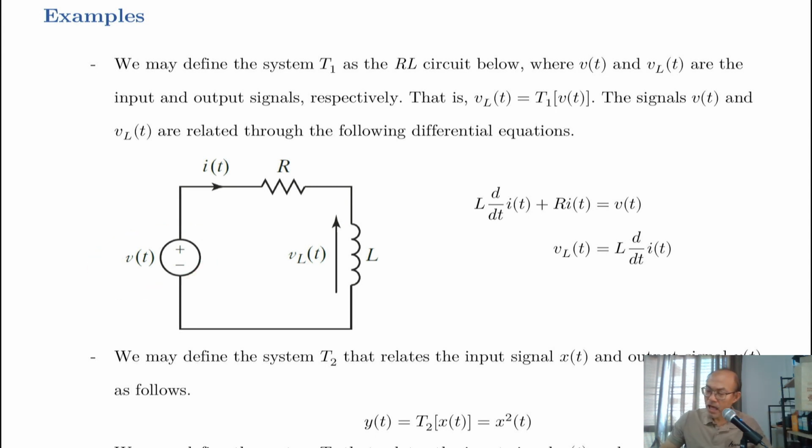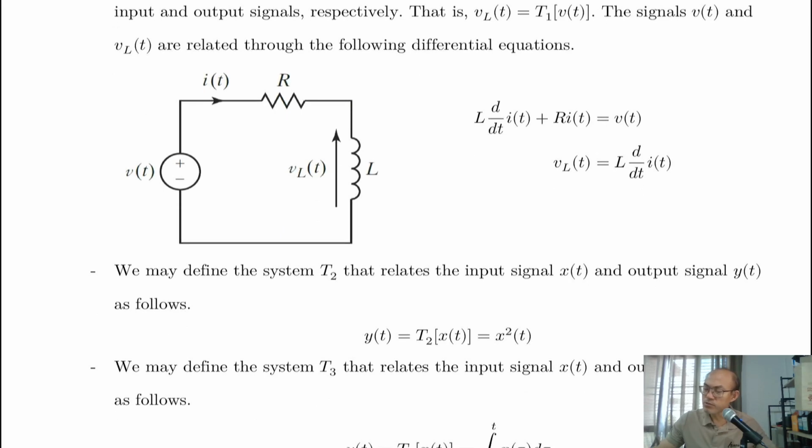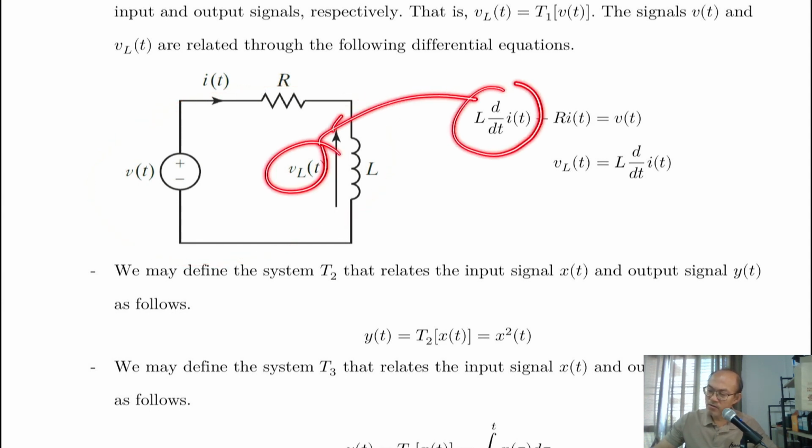All right. And now the question is, what is the relationship between the output signal and the input signal of this circuit? Now we can use circuit theory to write down the KVL equation of this circuit as L di/dt, which is the voltage VL. We know that the voltage across an inductor is the inductance multiplied by the derivative of the current through the inductor with respect to time.